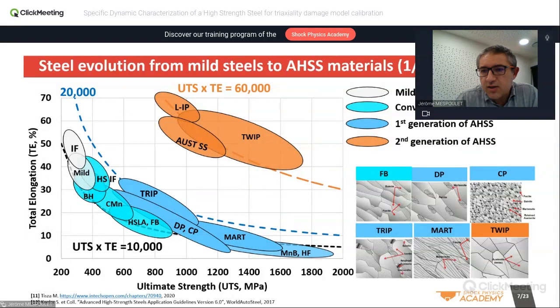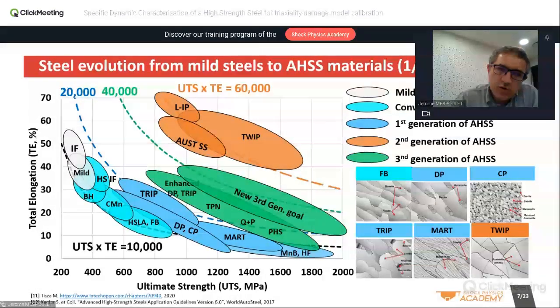So they reached 60,000 with materials with twinning-induced plasticity phenomena. They managed to make very high quality and very high performance steels. But in terms of cost and industrial production, they were too costly. So they changed the objective, and there appeared the third generation of advanced high strength steels.